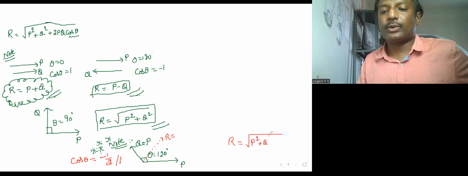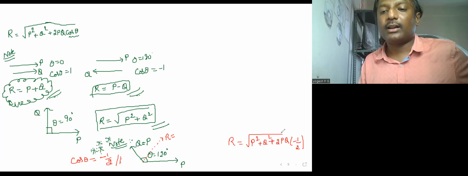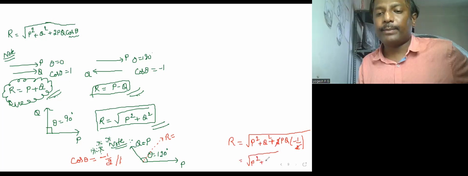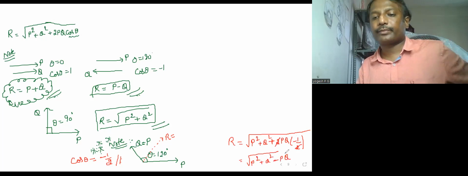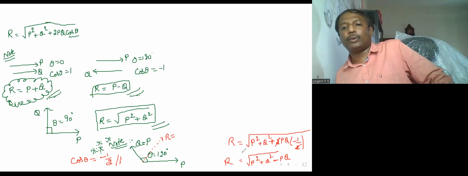P squared plus Q squared plus 2PQ, in the place of cos theta, minus 1 by 2. So 2 and 2 cancel: P squared plus Q squared minus PQ. Correct? So R is the root of P squared plus Q squared minus PQ.